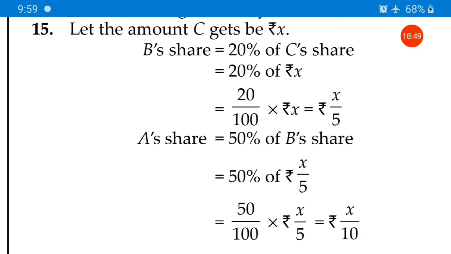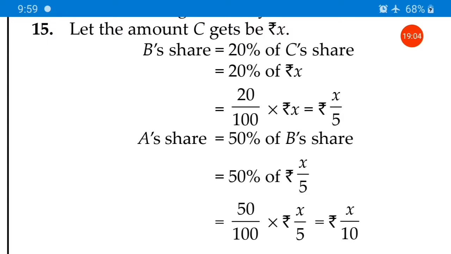So here, let the amount C gets be rupees X. The 50% is given for A and 20% for B, but C is not given, so C we have to find.